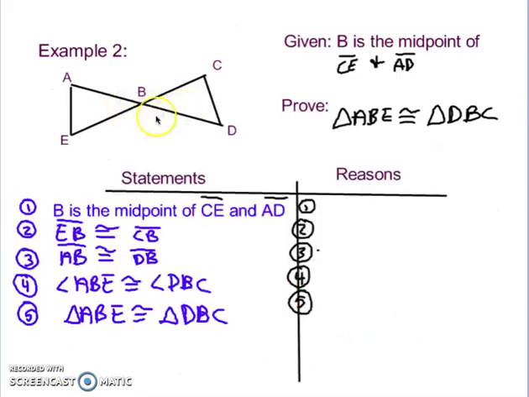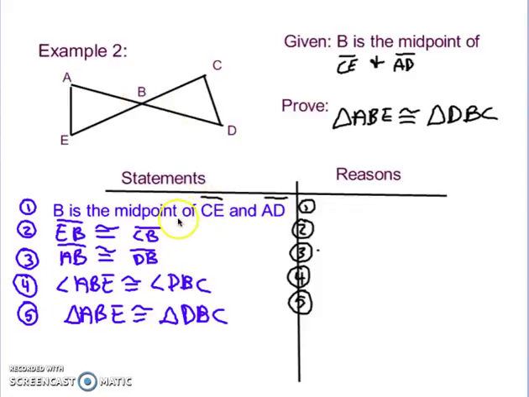In this next example, we can see that we're given that B is the midpoint of segment CE and AD. So B is the midpoint. And we need to prove that triangle ABE is congruent to triangle DBC.